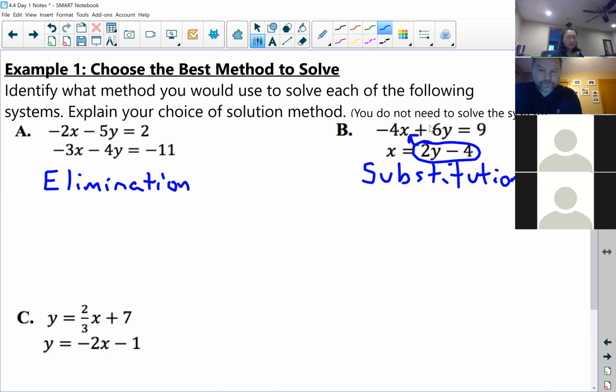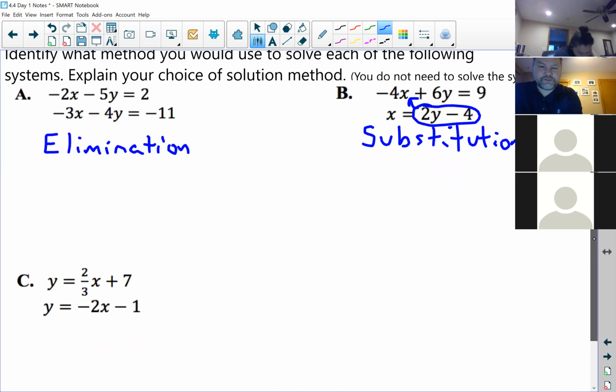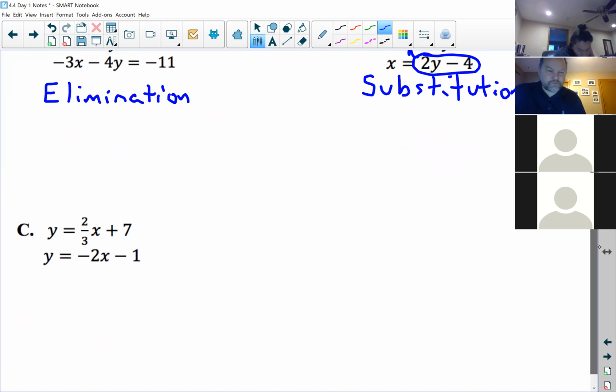I would agree with that one. Substitution would work best the way it's set up. Again, that doesn't mean you couldn't use graphing or elimination. You would just have to do a little more work for each of those methods.